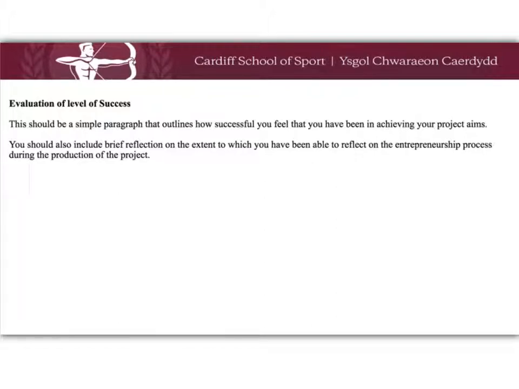Finally, I need you to consider how successful you feel the team has been in this initial process from idea generation through to final pitch or preparation for final pitch. Just a quick reflection on how you feel that the team has developed, which will need to include any evaluation and analysis of whether you thought that the process you undertook was effective.